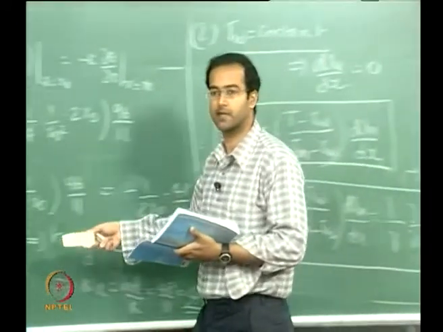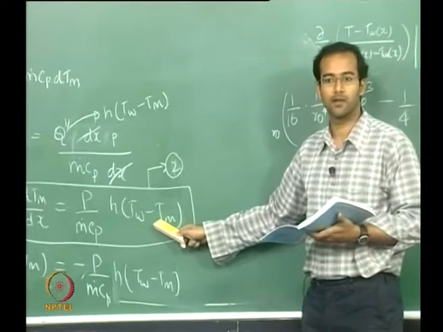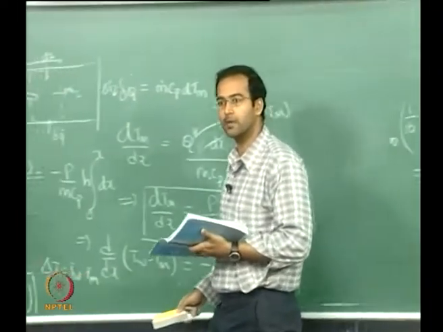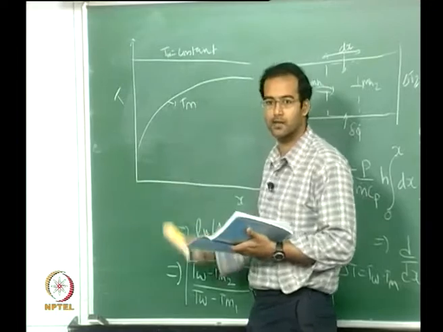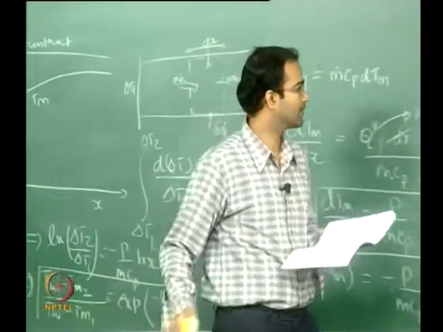So for that we are using the energy balance. Now we will simplify it. Also we should know how the mean temperature profile varies, so for that we can use that equation and integrate it out.